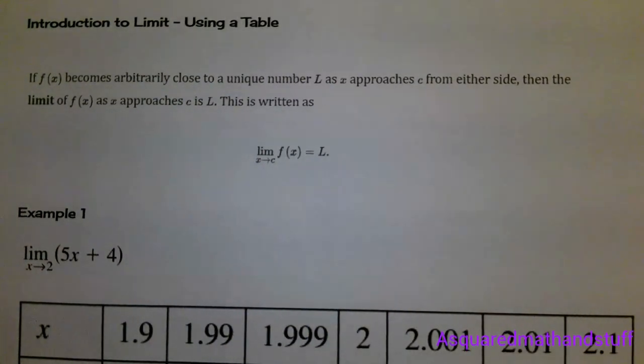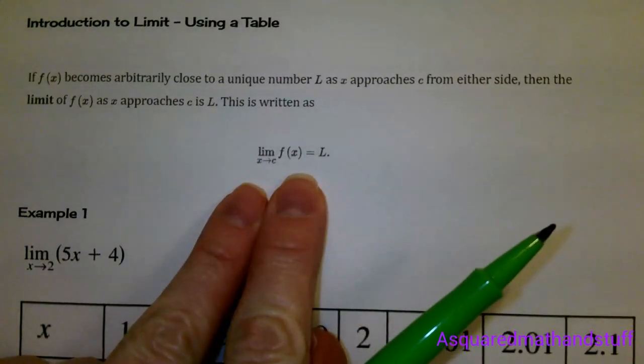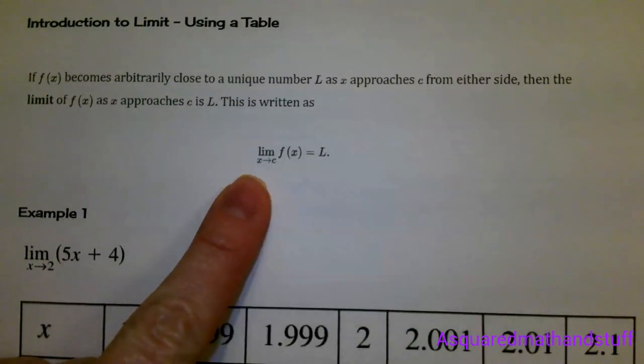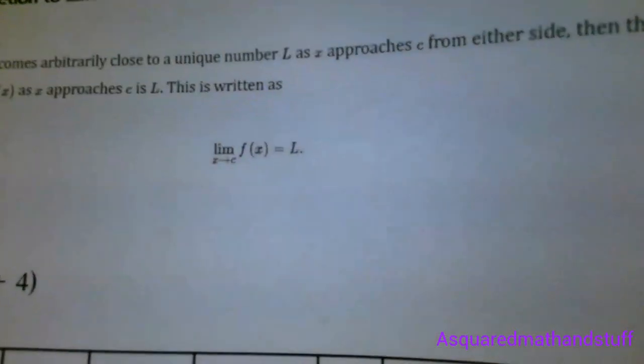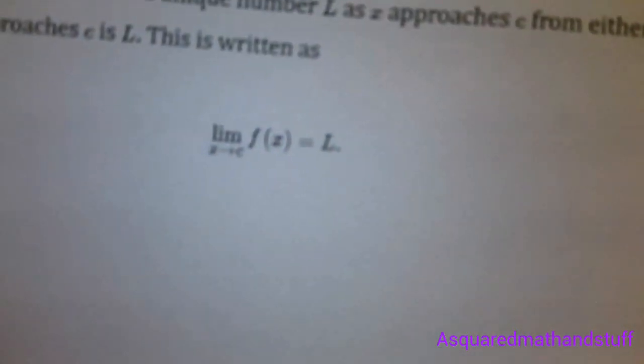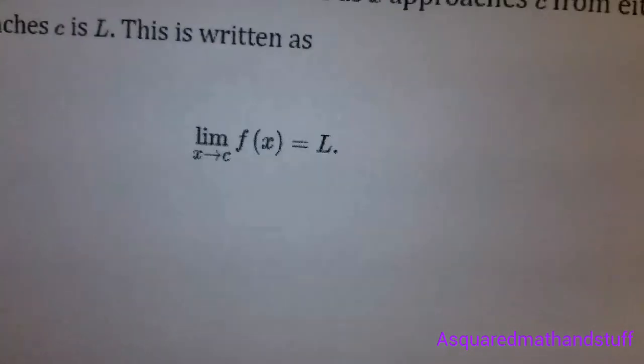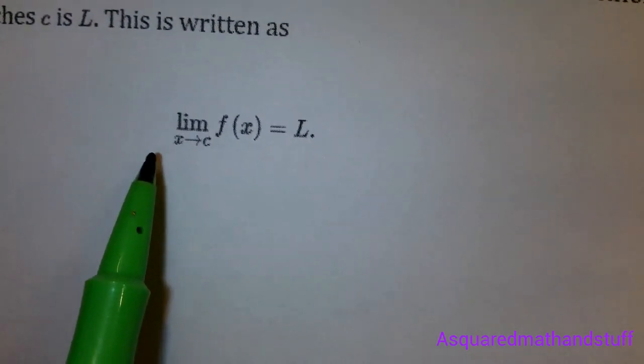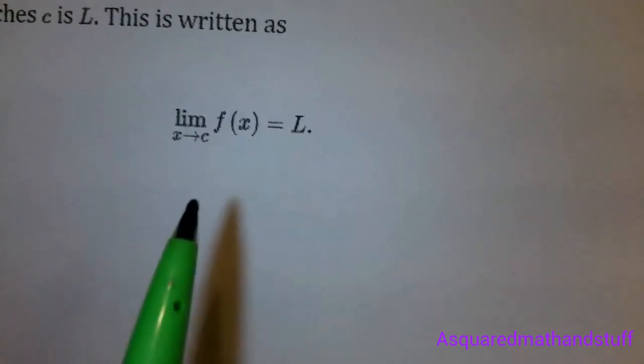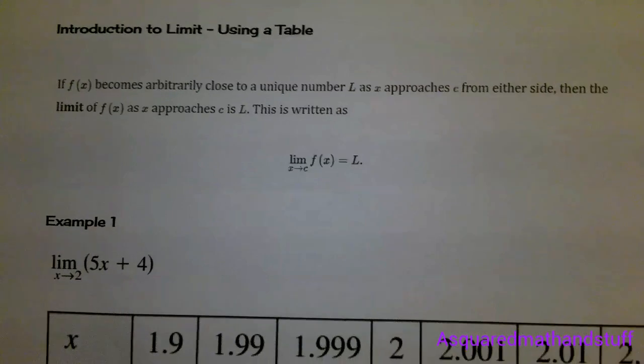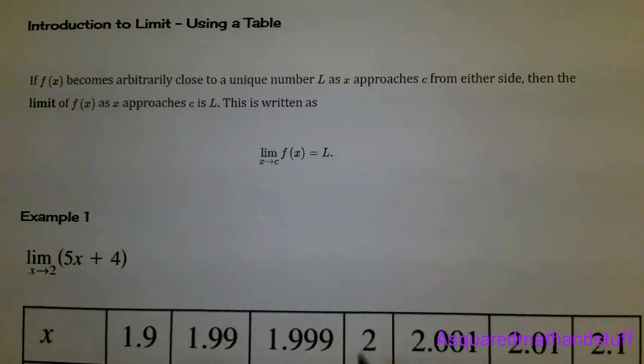That's okay. We're going to do an example down here, but before I do that, I do want to write out how you say this notation here. It's really hard to see in the video, but there's actually an arrowhead right there. There's a little arrowhead. It says x approaches c, and the arrowhead's pointing towards the c. So let me write that whole statement down and what it says.